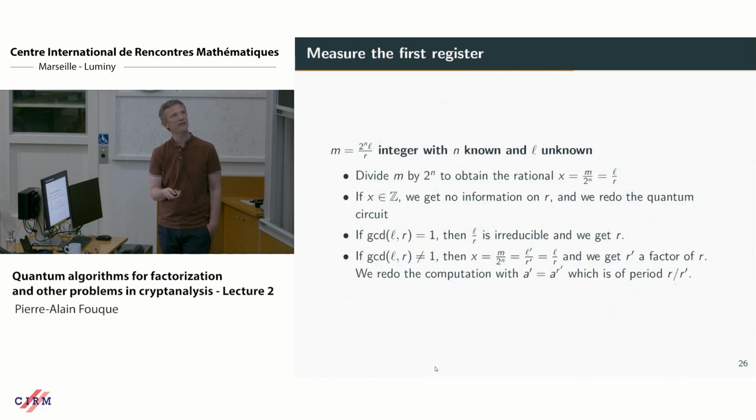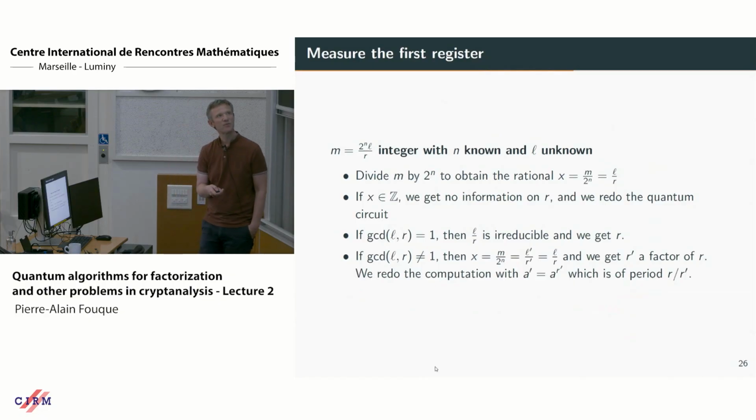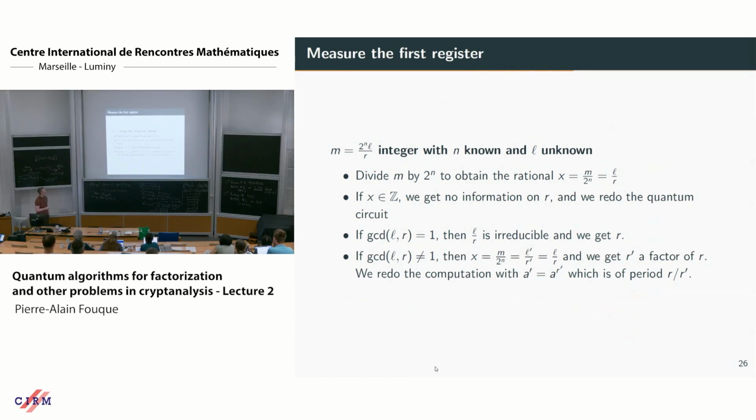If I divide m by 2^n, I will recover this fraction. From this fraction, if L and r are coprime, so the GCD between these two values is 1, then r is the denominator of the fraction, so I recover r exactly.